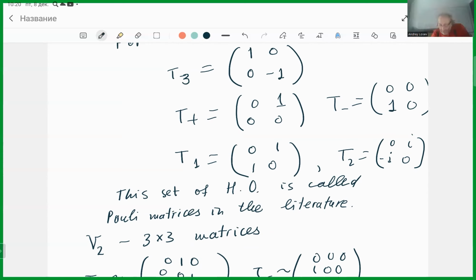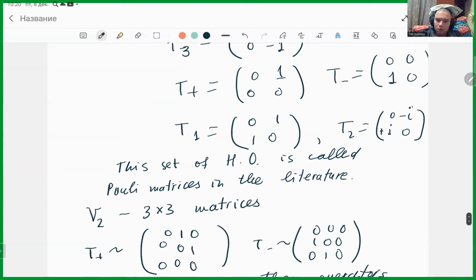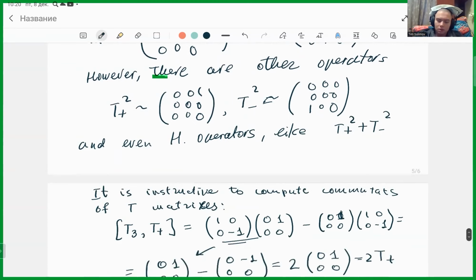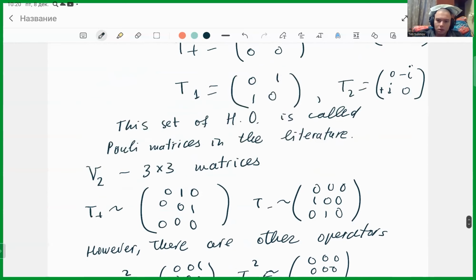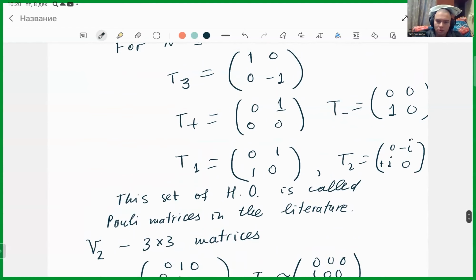Oh, and by the way, my T2 should be 0 minus i 0. Okay, so let us take this definition. Then T plus is T1 plus i T2 over 2, and T minus is T1 minus i T2 over 2. And this change of basis reproduces the regular SO3 algebra.